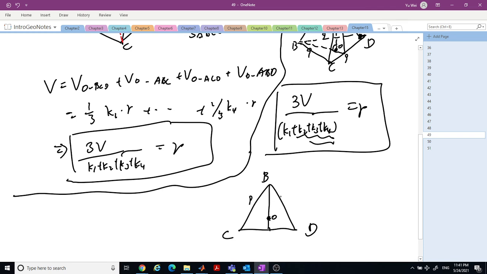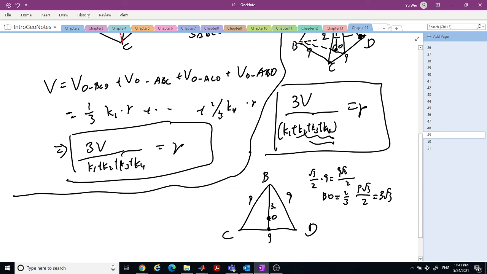So that's why it's 9, 9, 9. Then the height of the triangle is 2 root 3 times 9, and BO is 2/3 of this, which is 3 root 3.